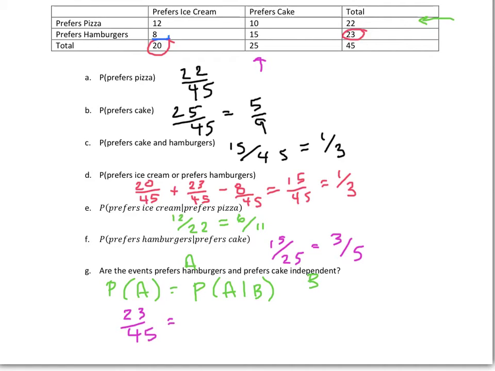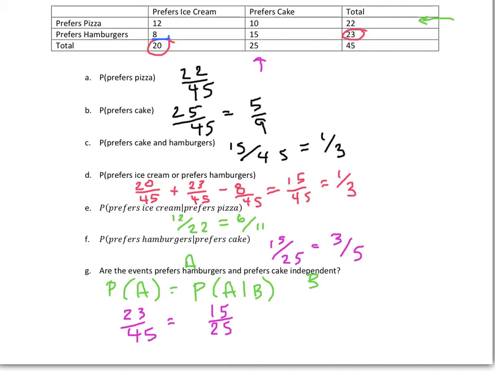And then the probability of A given B: we're only looking at those who prefer cake, so out of the total of 25, it looks like 15 prefer hamburgers.